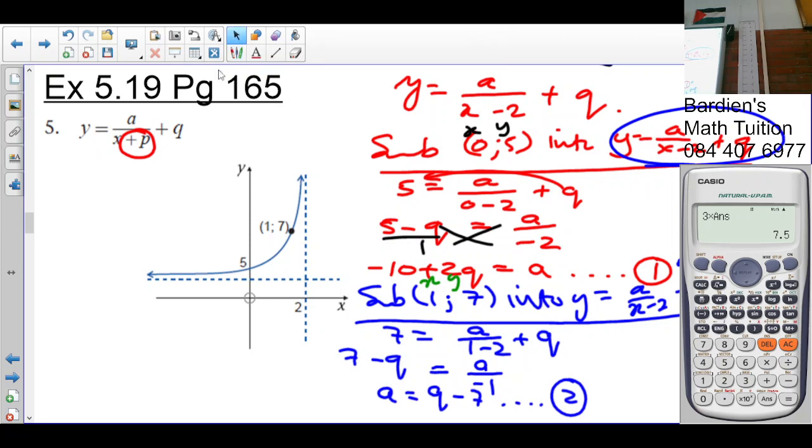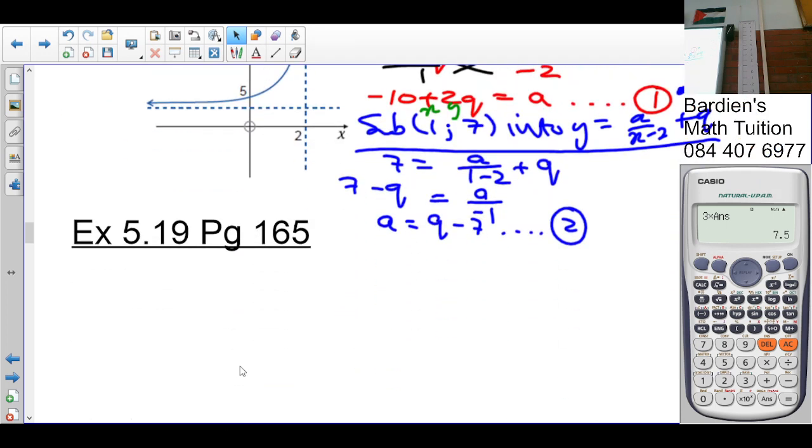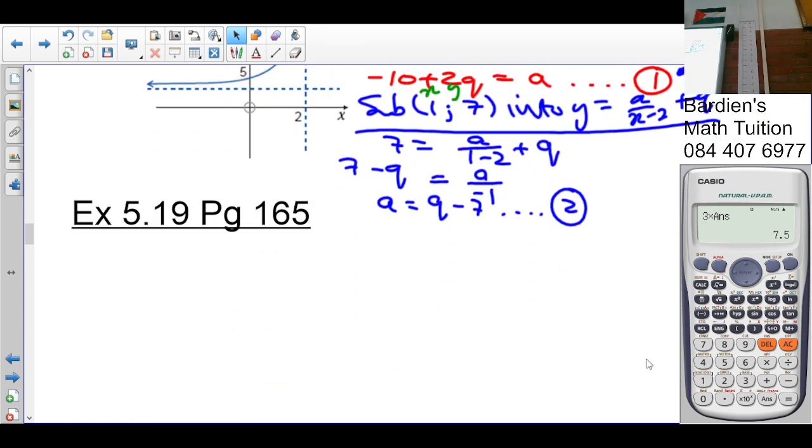So what do you notice here? We've got 2 equations. In both cases we have a as the subject of the formula, not so? So I can equate the 2 equations. So now we set equation 1 equals equation 2.